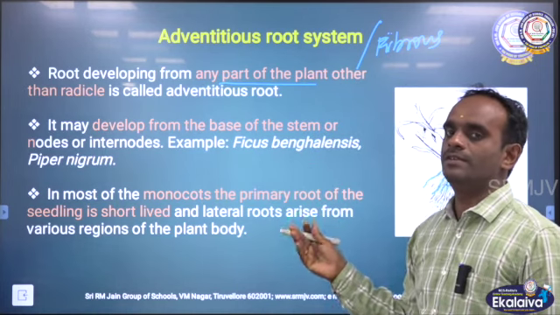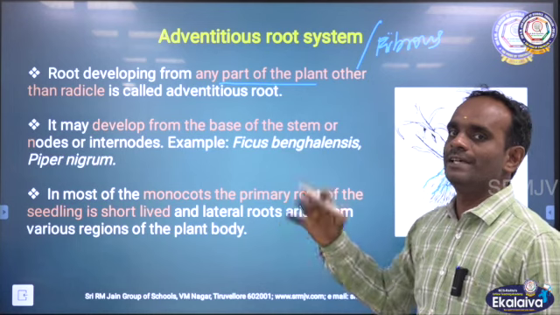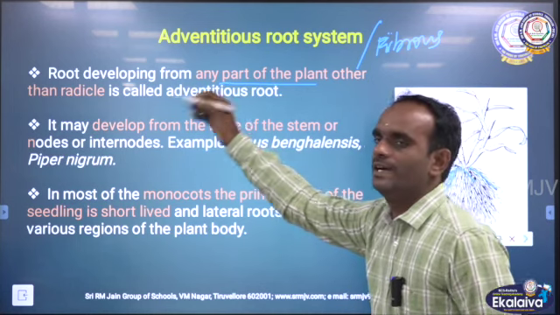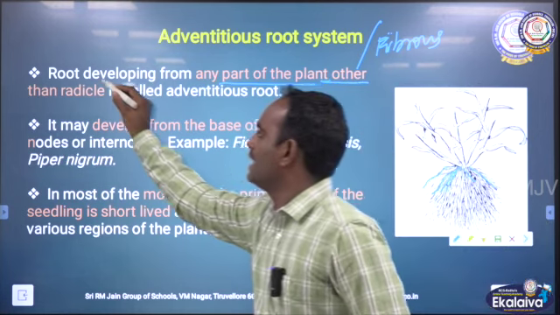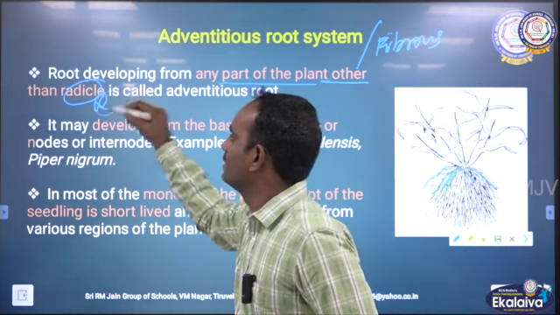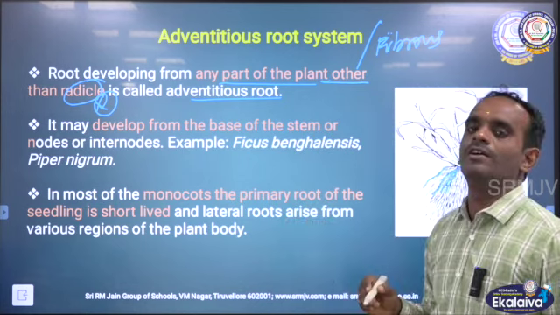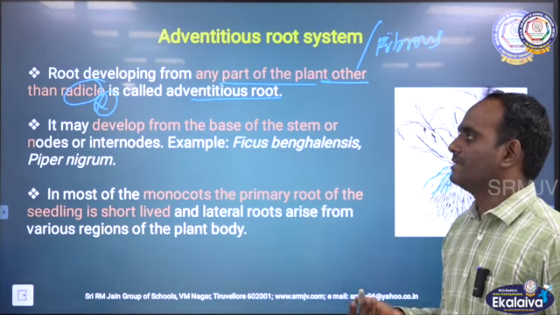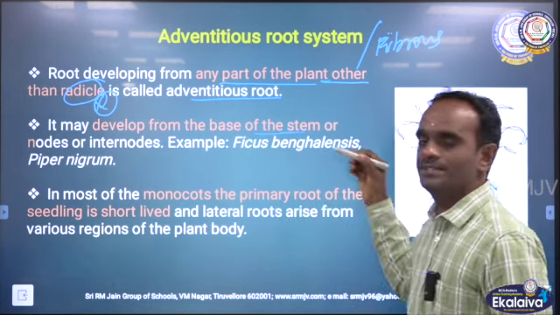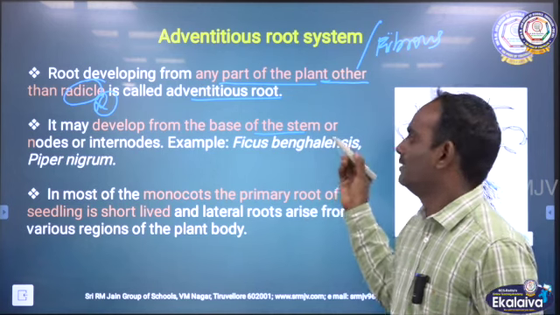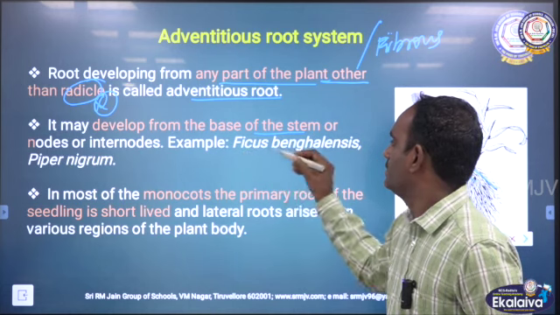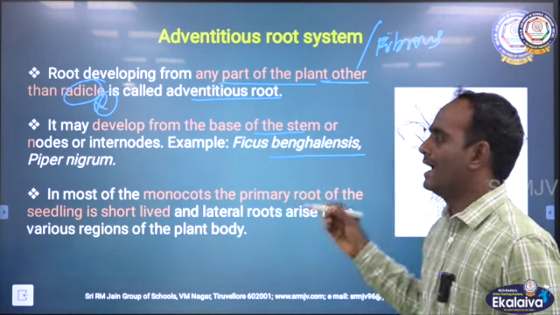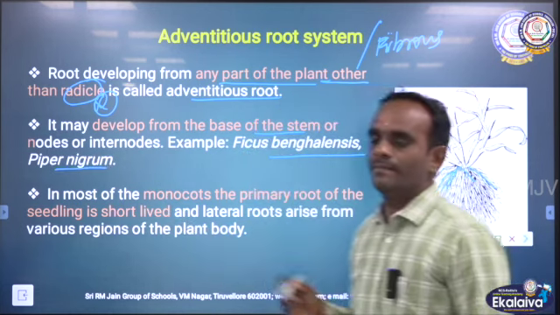The fibrous root will not develop from the radicle. So, the root developing from any part of the plant other than the radicle is called adventitious root or fibrous root. It may develop from the base of the stem or at the nodes or internodes. Example, Ficus bengalensis and Piper nigrum.